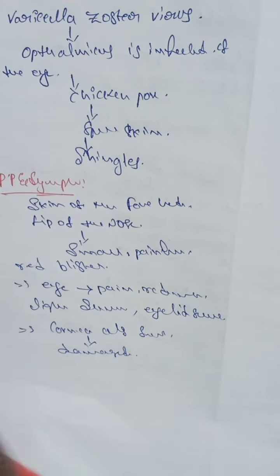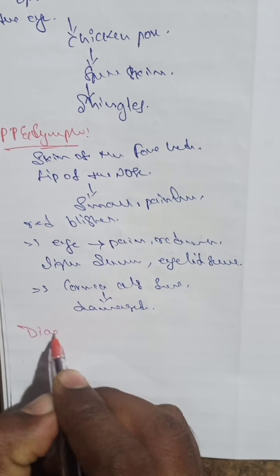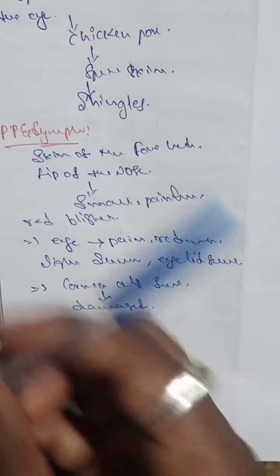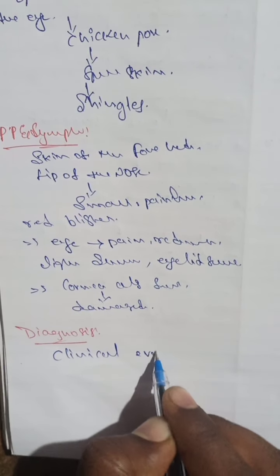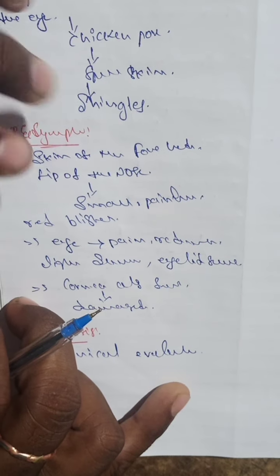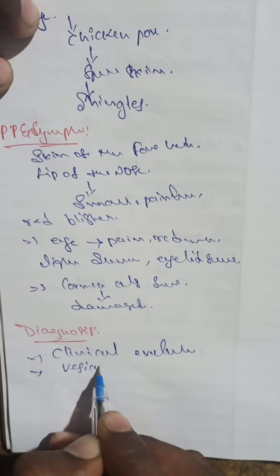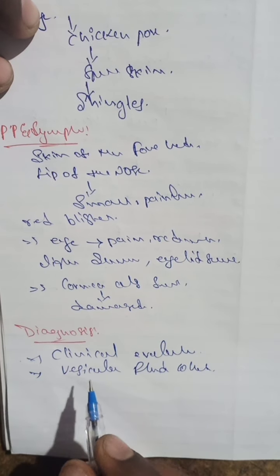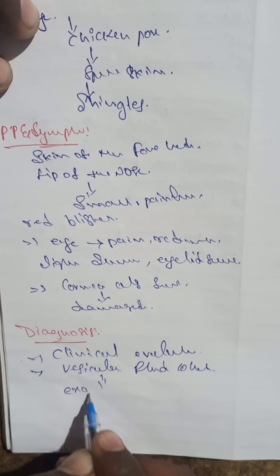Next, how to diagnose this particular VZV virus? By clinical evaluation. Then collect the vesicular fluid aseptically and examine it under an electron microscope.